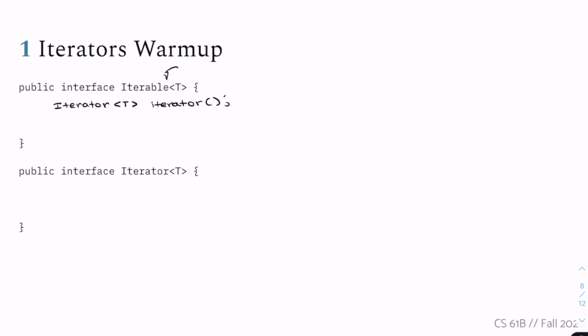Now our functions for Iterator, there's two of them this time. Again, like I just said, there's the first one, which tells you whether or not you have a next element to pull from, and then the function that actually returns that next element if there is one. So we have Boolean hasNext, and T next.